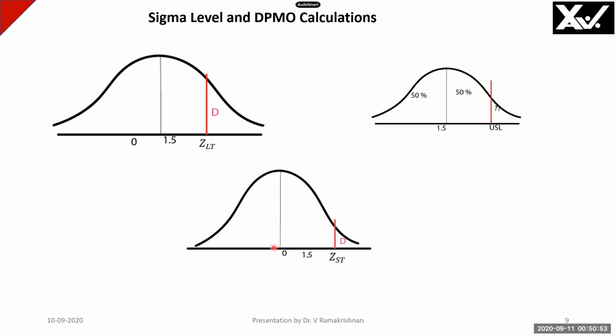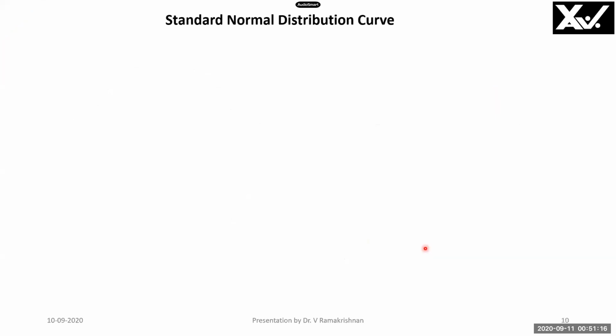So this is nothing but a standard normal distribution curve with 0 mean, and ZST is obtained from the process upper specification limit and the process characteristic. Again, this D will be nothing but DPMO, defects per million opportunities, or p-value, failure rate, or percentage defect. P-value or failure rate is less than 1.